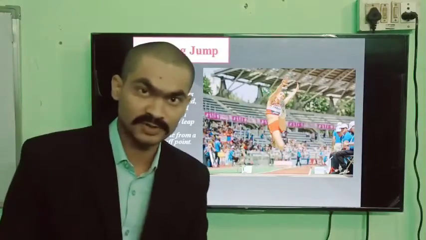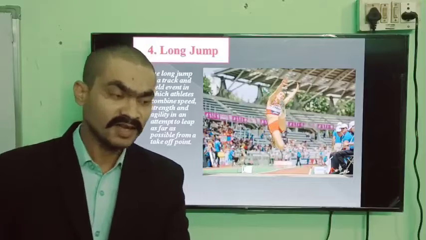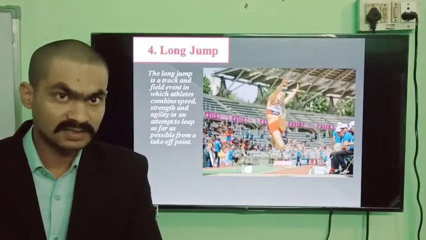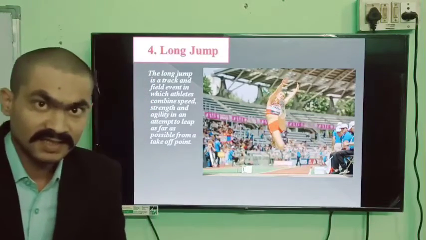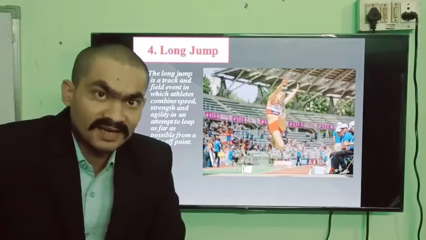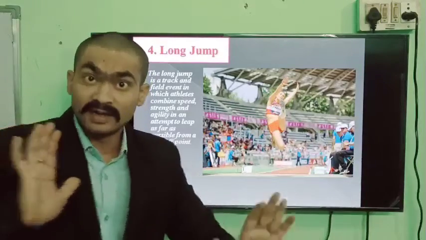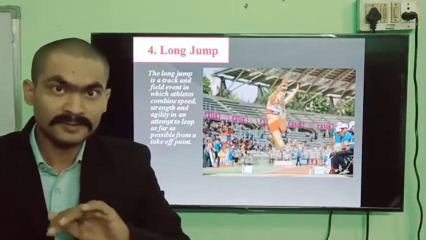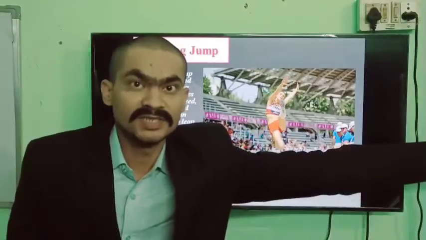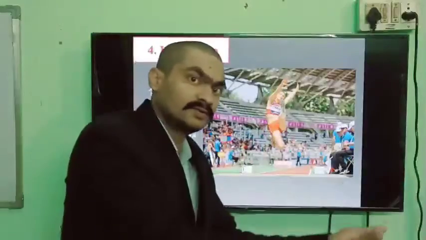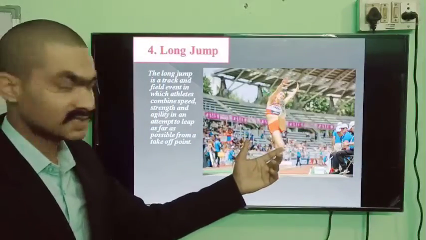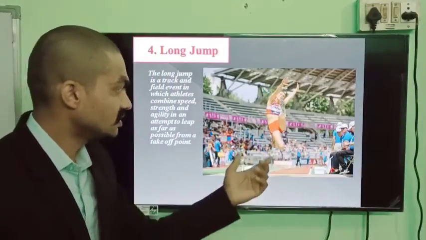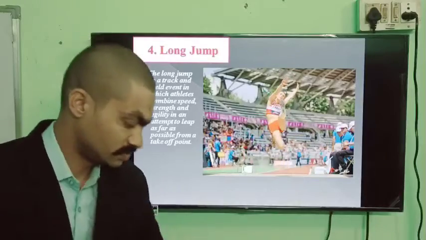A certain distance is given. The athlete runs, then agilely moves their body so they can cover the maximum distance by throwing their body outward. Here you can see this athlete doing the long jump.